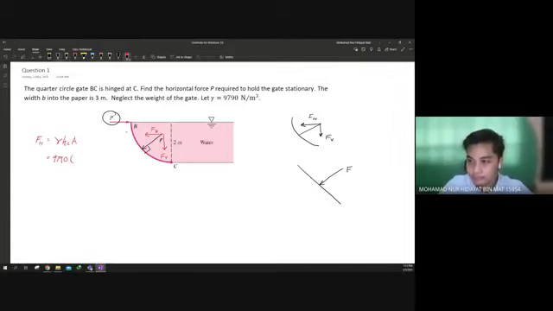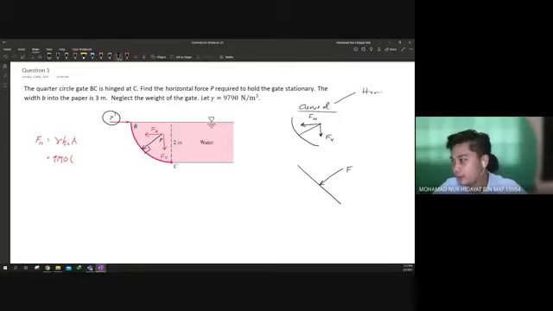Okay, for this part, I want you to pay close attention. When you involve of the curved surface, you need to include the projection. So this is curve. In curve, you need to include horizontal projection and vertical projection.